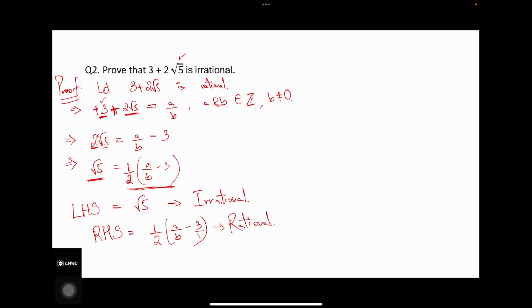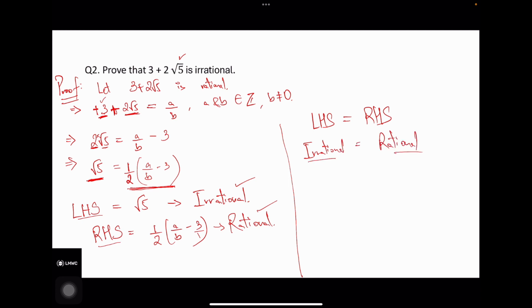So what we have got is that root of 5 equals this, which indicates that LHS equals RHS. But if you look carefully, LHS is irrational, whereas our RHS is rational.